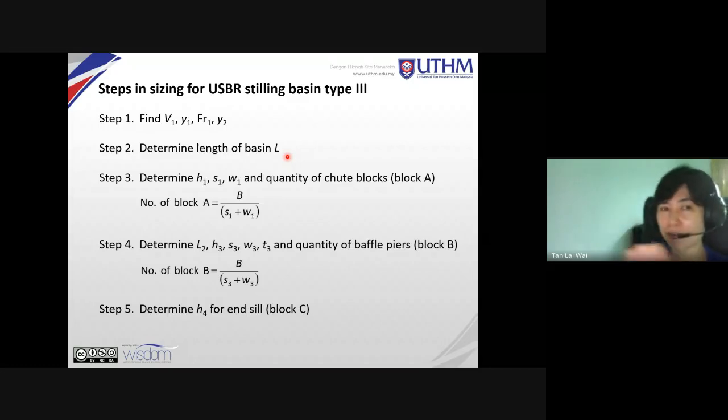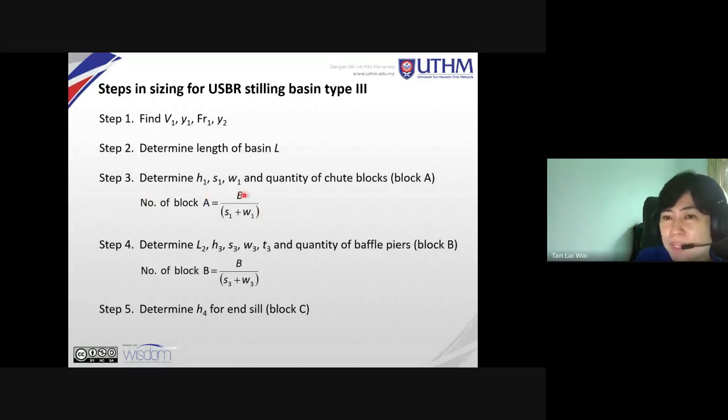I totally could understand why you didn't provide the length of your stilling basin. Okay, eventually when we go out as engineers, we'll be independent. We'll make decisions on some of the things. So you need to write it out, all right?